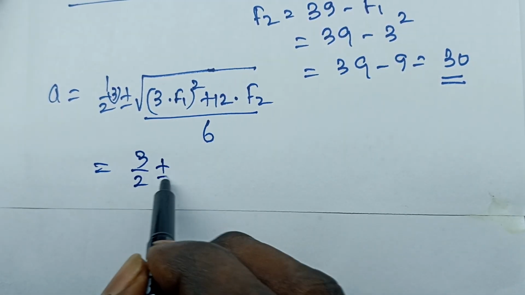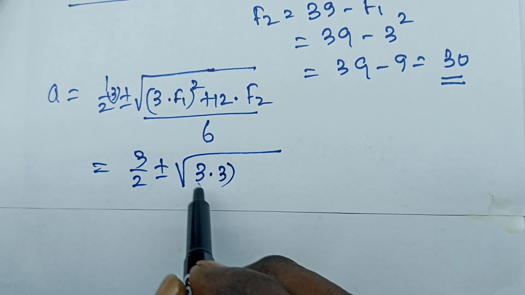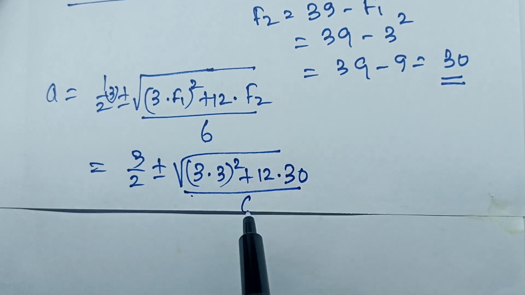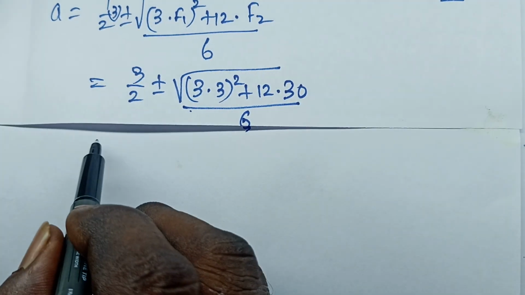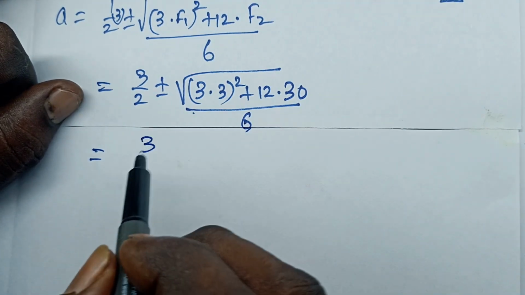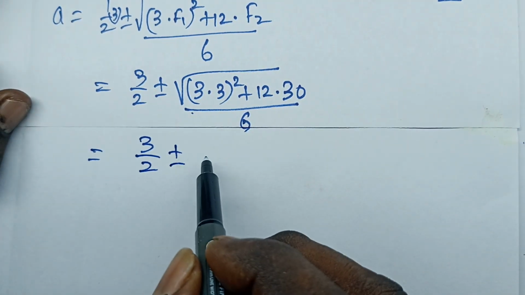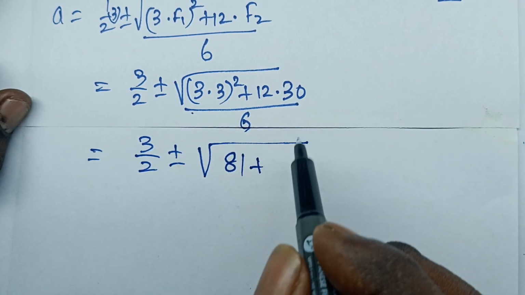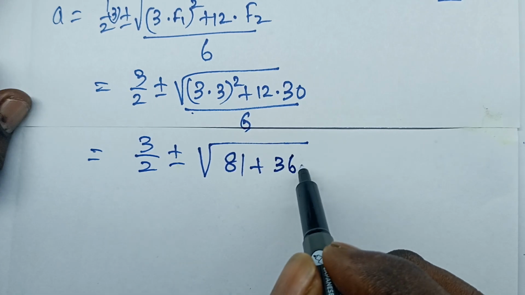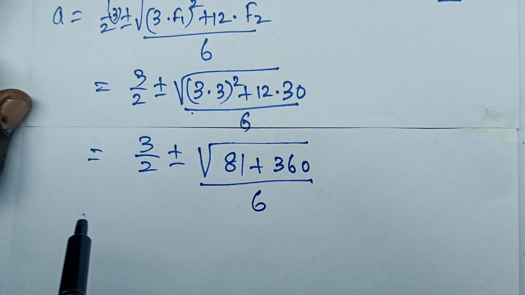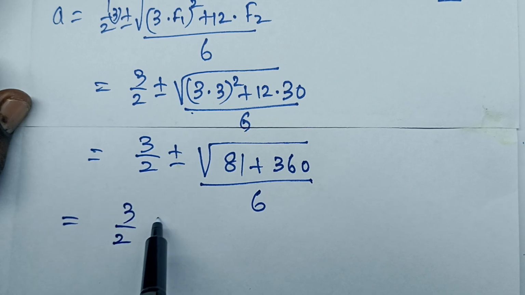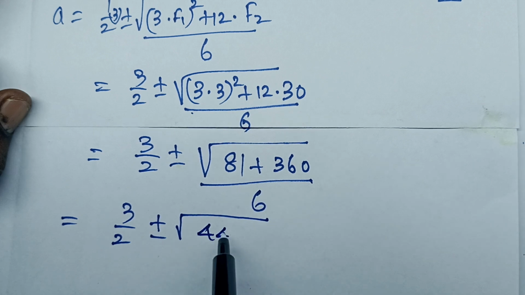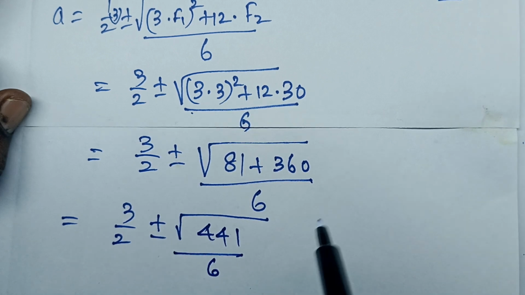3 by 2 plus or minus root of 3 into 3 whole squared plus 12 into f2, 30, by 6. 3 by 2 plus or minus root of 3 into 3, 9, 9 squared 81, plus 12 into 30, 360, by 6, equal to 3 by 2 plus or minus root of 360 plus 81, 441, by 6.